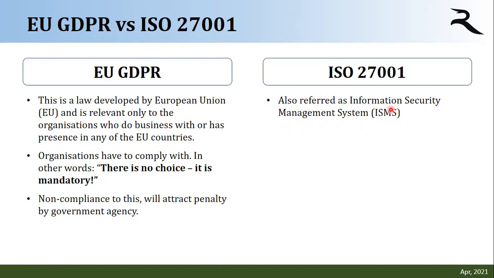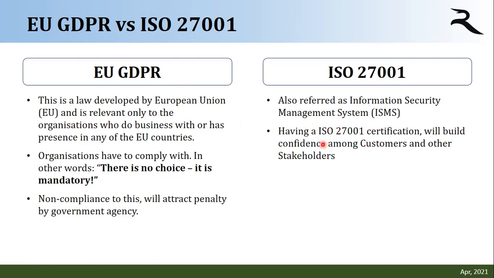In principle, conceptually, if an organization is ISO 27001 certified, to a large extent you can be confident that you could be complying with GDPR. There are just a few minor things you need to tweak. And having an ISO certification is optional, right? It is not mandatory that I have to have an ISO 27001 certificate.